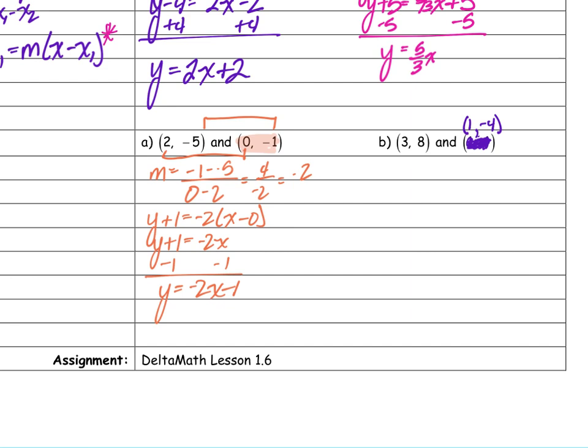Okay. And then, sorry, I just came up with this point. We kind of talked about it already. So I have to find the slope again, and I'm going to subtract here and here. So I've got 8 minus -4 over 3 minus 1, which should be 12 over 2, or 6.